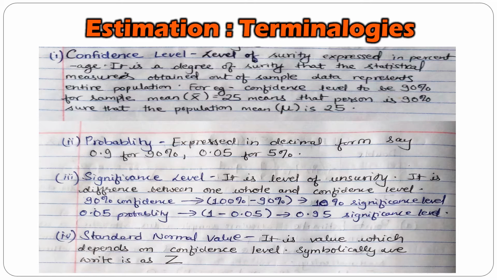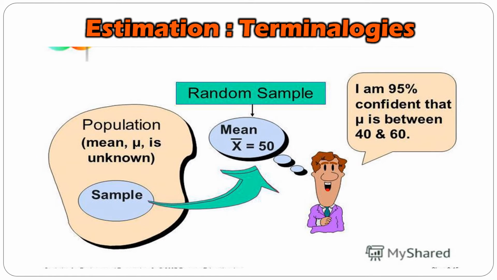Standard normal value. It is a value which depends on the confidence level. Symbolically, we write it as Z. So, once again, whenever I say that the population mean is equal to 50, as I have obtained a sample mean of 50, then it is called a point estimate.